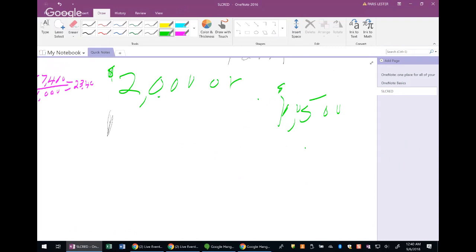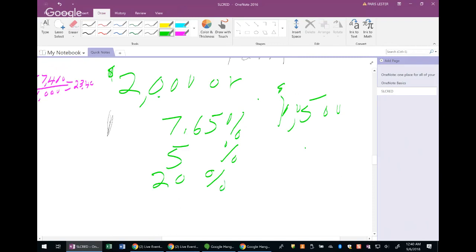And anyway, out of this 2,000 cash, you pay 7.65 in Social Security. State of Virginia, you paid over 5% state tax. And most of those teachers were in a 20% federal tax bracket. Now, if you add those percents up, let's just round off. Let's round that off to 8. That's 13. That's 33. Now multiply 2,000 times 33%.